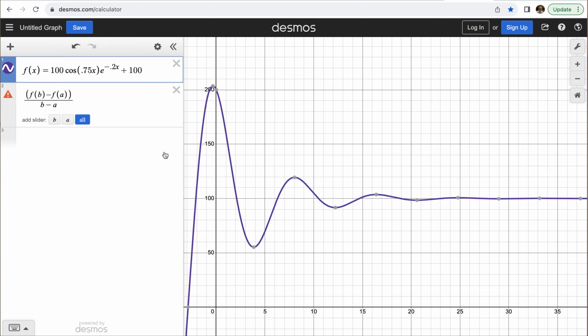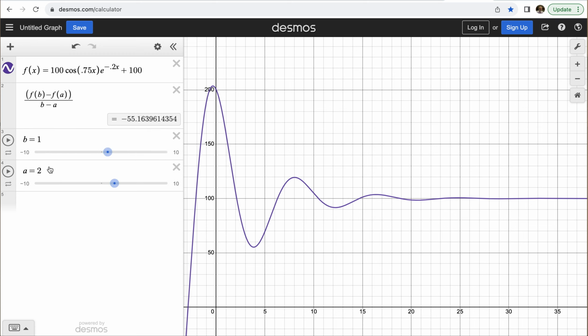So I'm going to put a as 2. If I make a slider for a, I can move it to 2. Then I'm going to make a slider for b, and try to get b closer to a. And you notice that up here, it's calculating the slope.